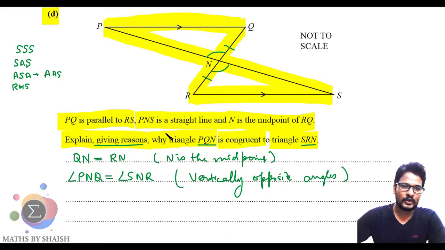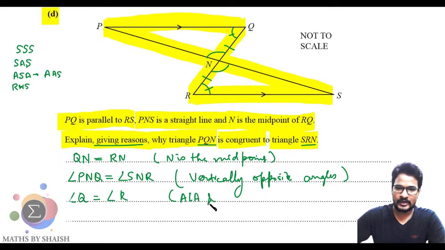And the last one, we require one more angle. For that, we can take this R angle and Q angle, because they are alternate interior angles, since PQ is parallel to RS. So we can directly write angle Q is angle R, alternate interior angles, and we need to write why alternate interior angles are equal, because PQ is parallel to RS.